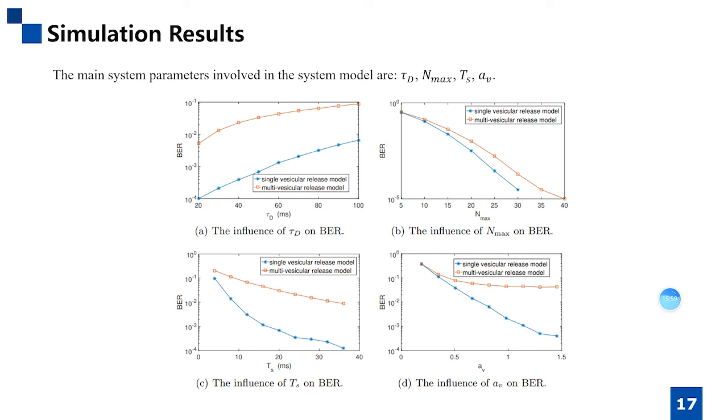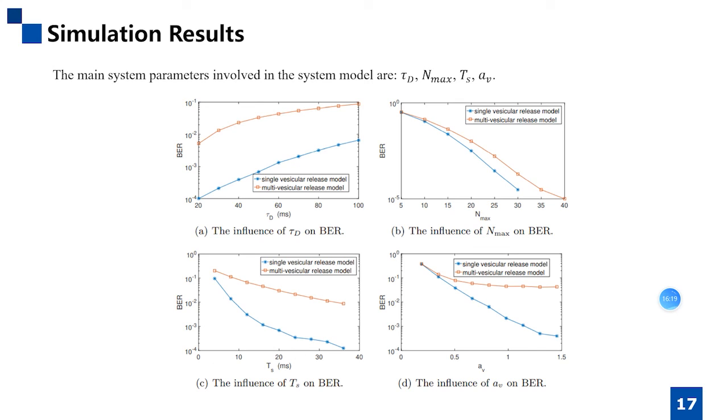The reason is that the vesicle release rate of MVR is too high, so that the number of vesicles in the RP has been in a low or even exhausted state, which will cause no vesicles to be released when there is a spike.